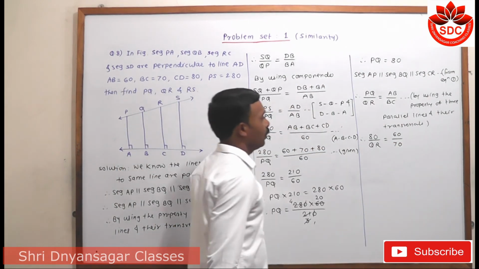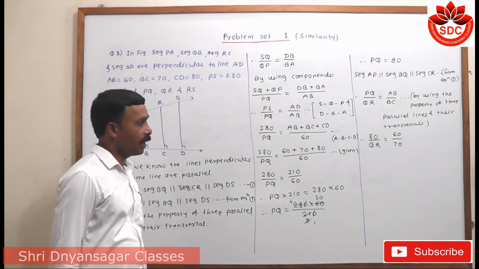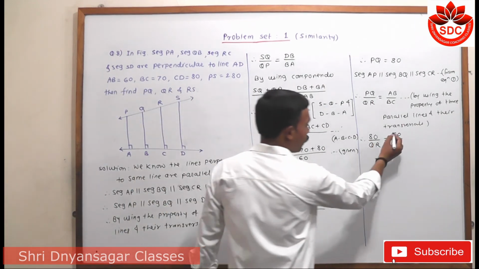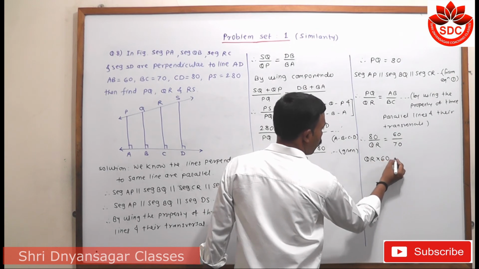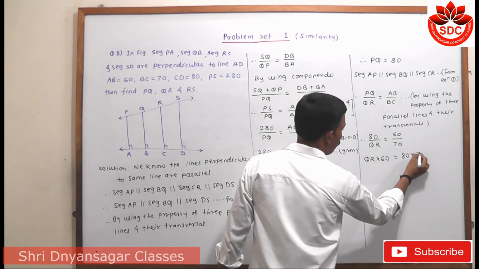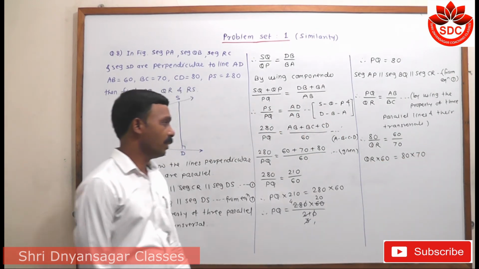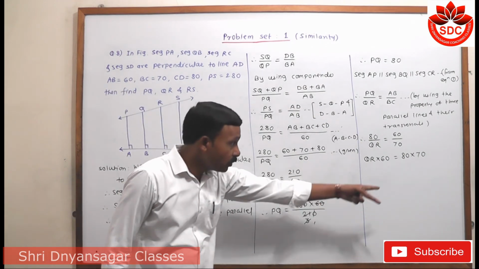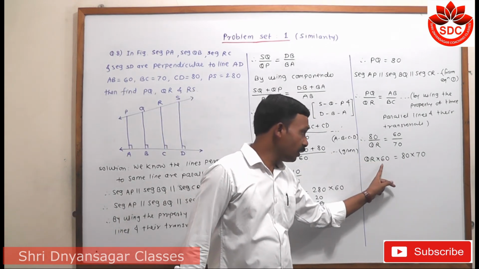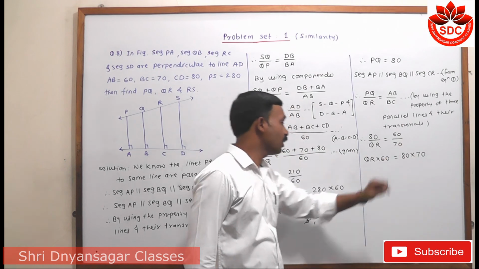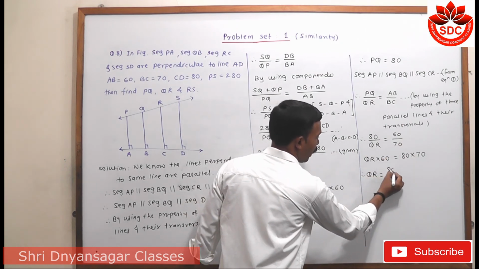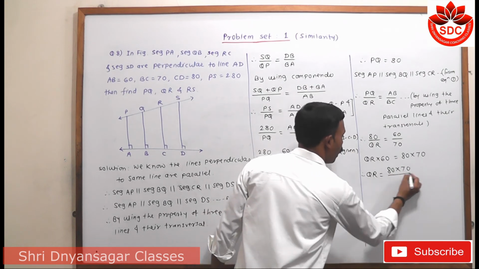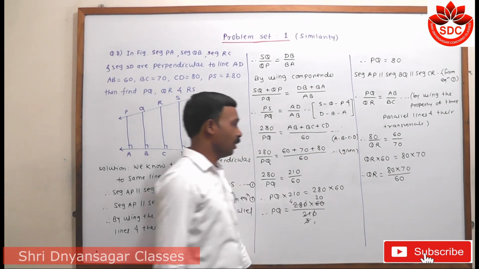Okay. Now again by cross multiplication, QR into 60 is equal to 80 into 70. Then transpose this 60 to the other side, it is in multiplication form so it converts to the denominator. Therefore, QR is equal to 80 into 70 upon 60.